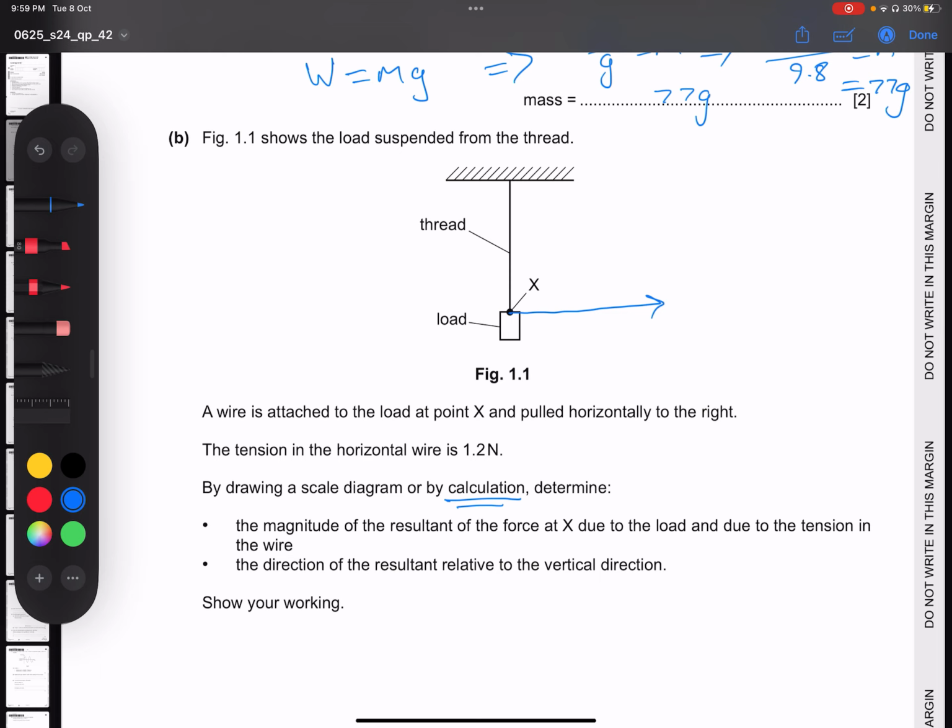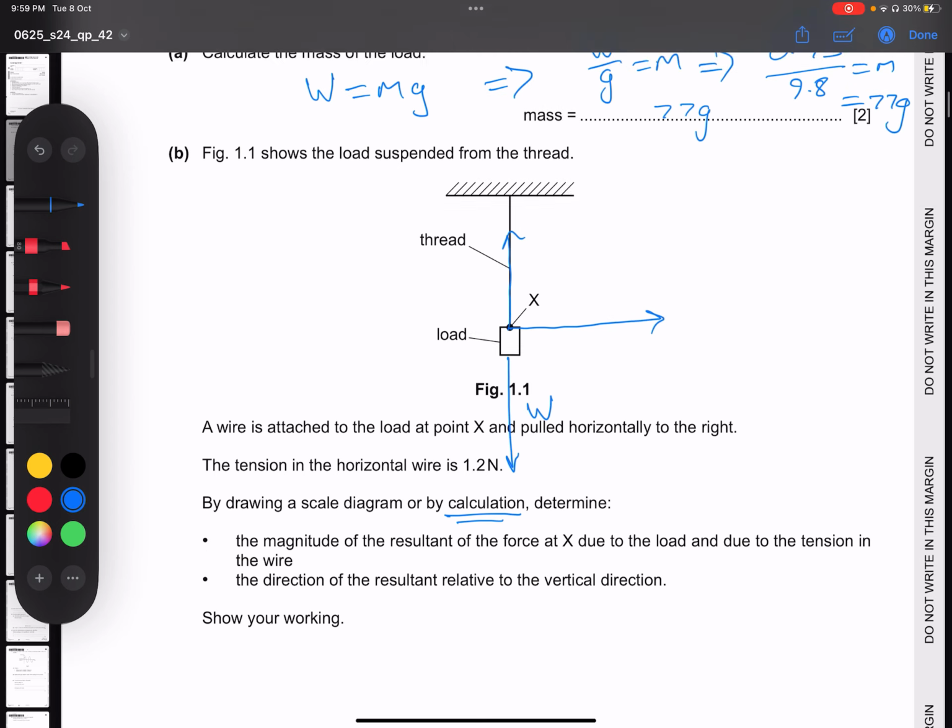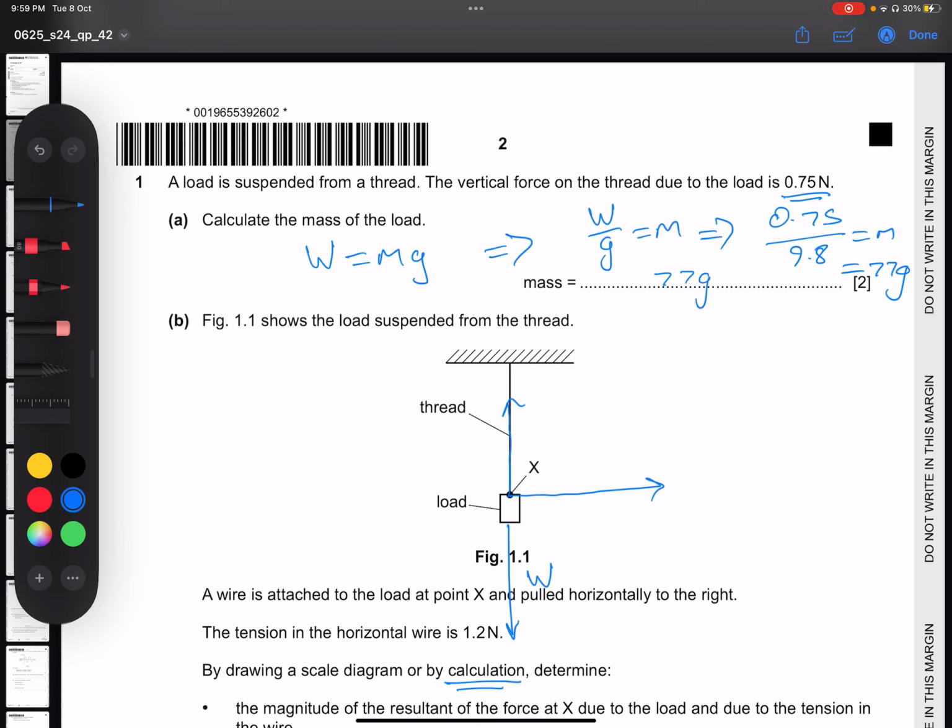So there is a force to the right of X. And there is also an upward force on the actual thread, the vertical force, because there is a downward force of W. Since there is a force of W, there is also a force on the thread equal to W. Since we already know W to be 0.75 Newton, we can assume that the force on the thread is 0.75 Newton.